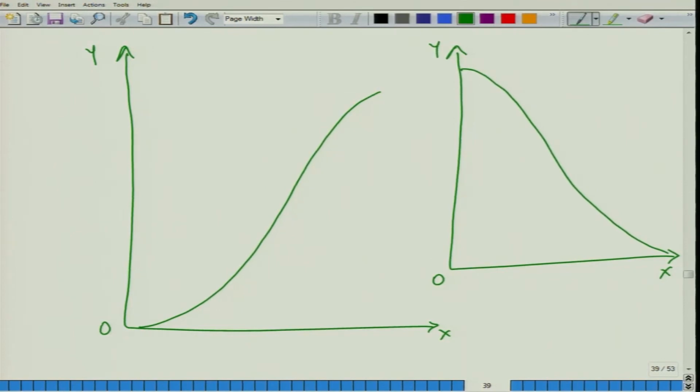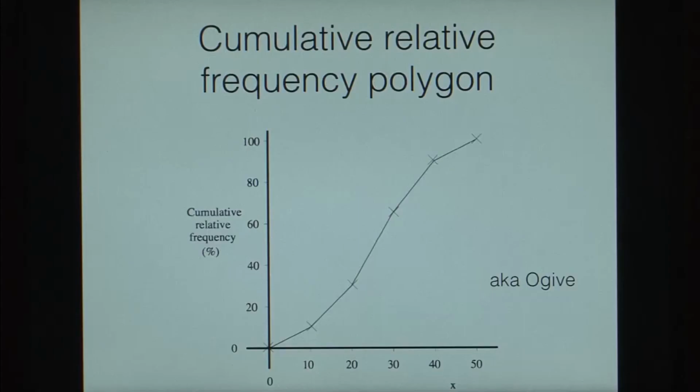If we look at the chart on the screen, the x value of 40 gives a y value of somewhere around 90. This means that 90% of all the values are less than 40 and only 10% values are greater than 40.